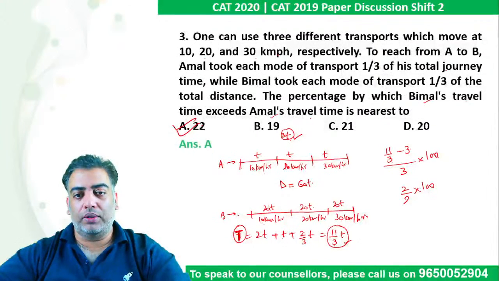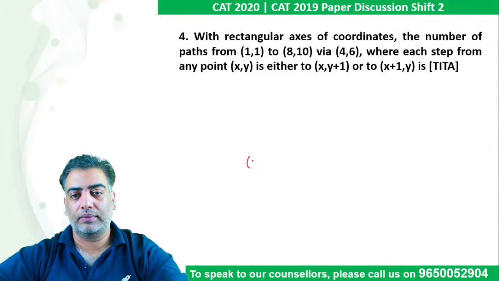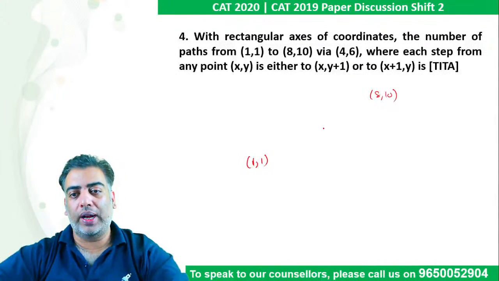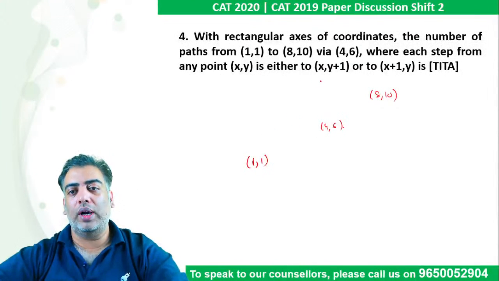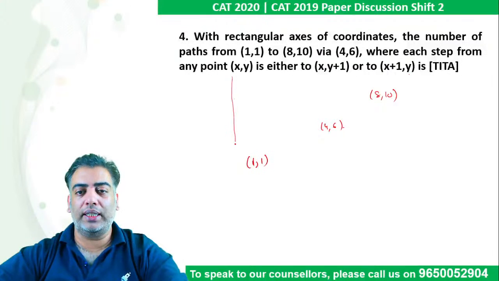Now in question number 4 he says, with the rectangular axis of coordinates, the number of paths from (1,1) to (8,10) via (4,6), where each step from any point (x,y) is either to (x, y+1) or to (x+1, y). So I hope you all must have seen graph paper.